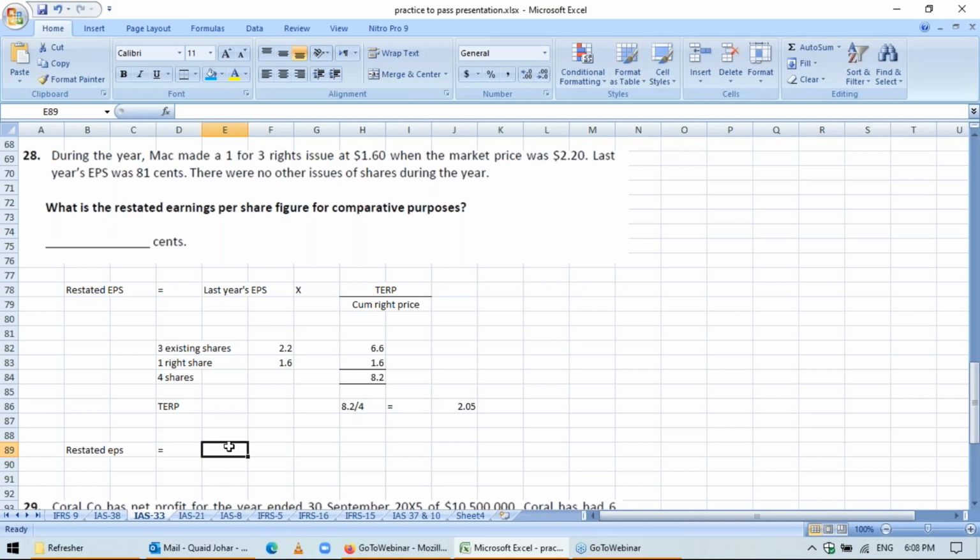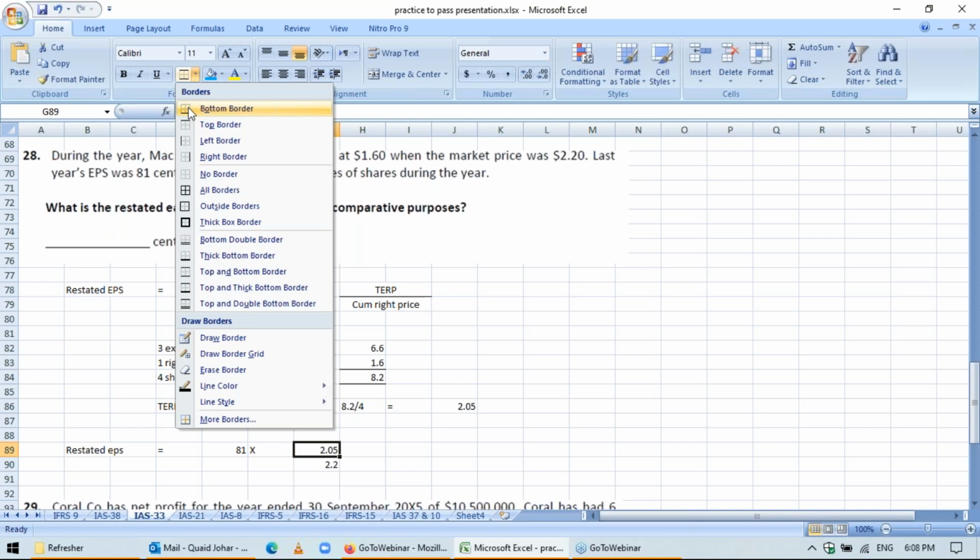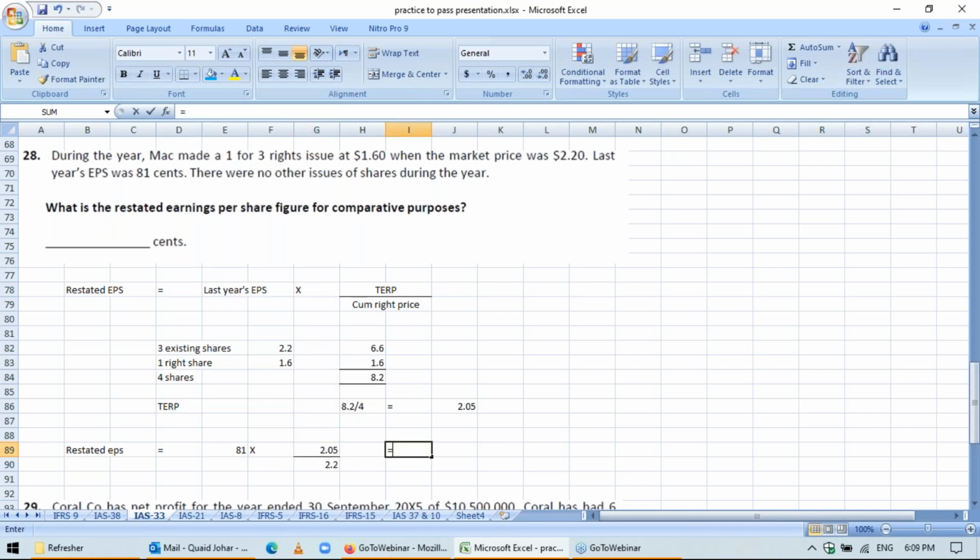The last year's EPS was 81 cents. So take 81 cents, multiply it by the theoretical ex-right price 2.05 and divide it by 2.2, which was the cum-right price. By doing this, you get the restated EPS.